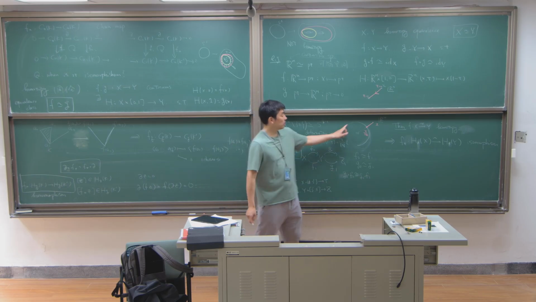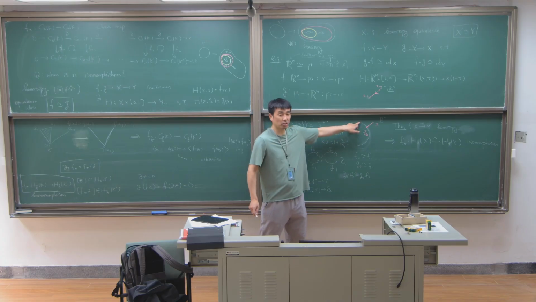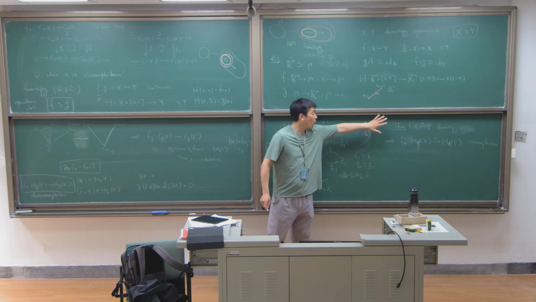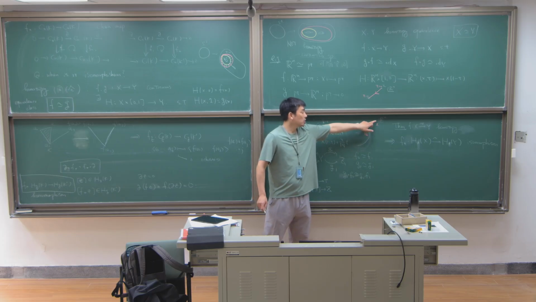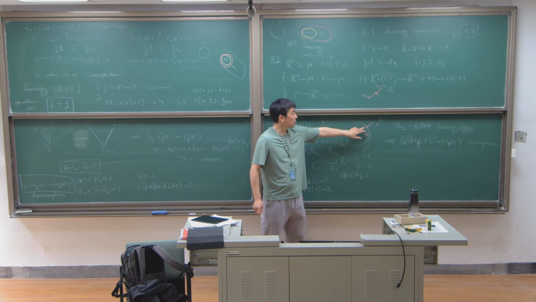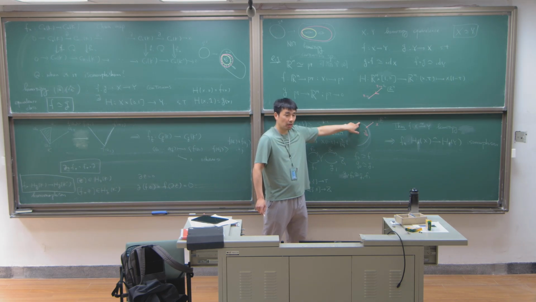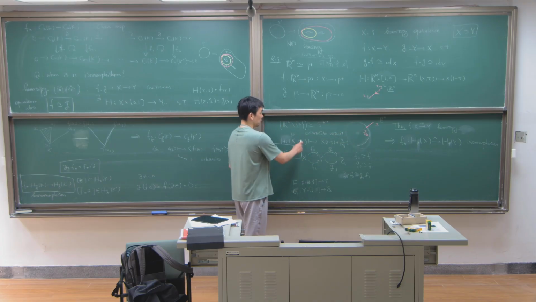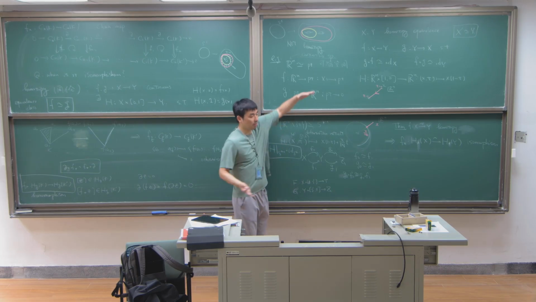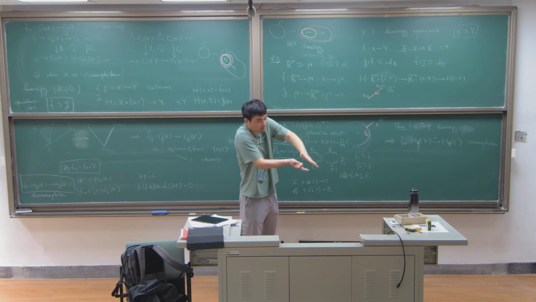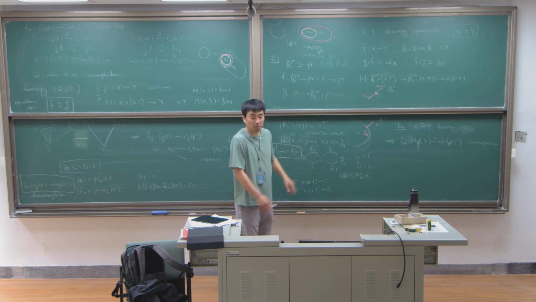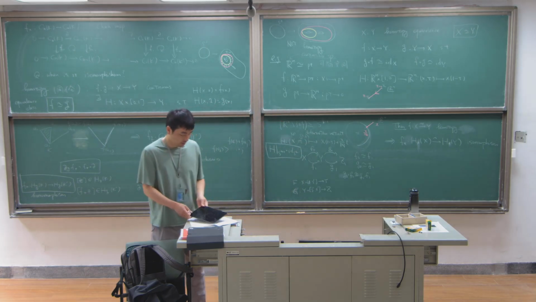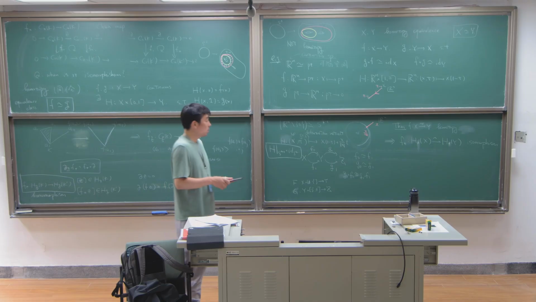So if you restrict yourself to this sphere, the points don't change. Points on the sphere never move, even though points away from the sphere keep moving towards the sphere during 0 to 1. So therefore, the space is deformed to the sphere. That means deformation retract.